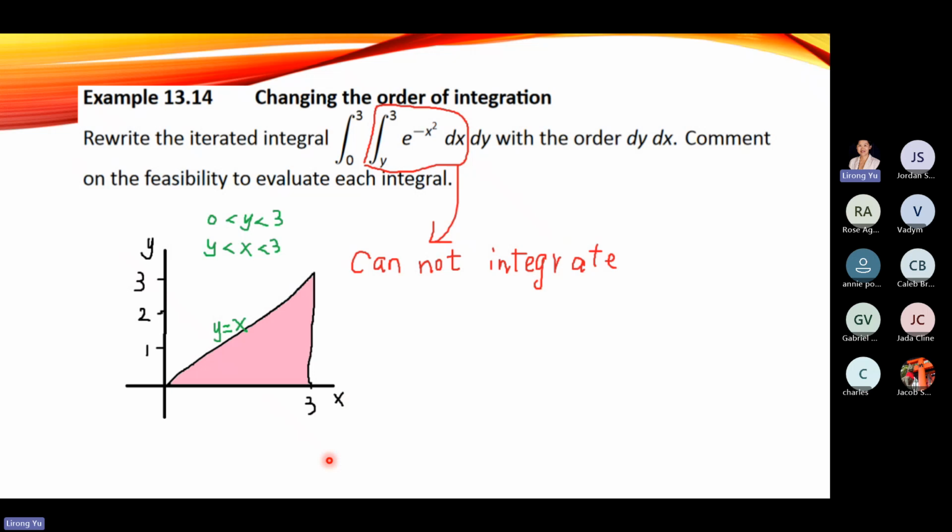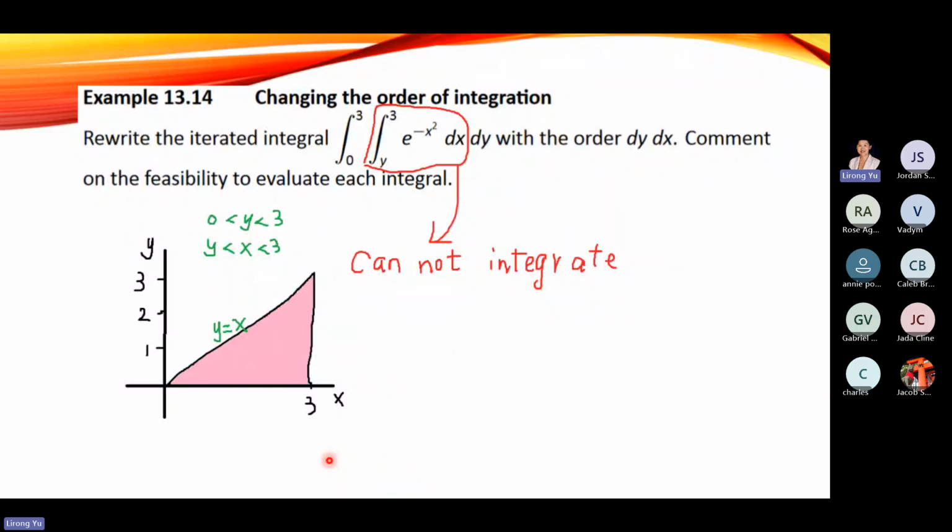According to the integral itself, the outer layer is dy, so y is naturally between 0 and 3. The inner layer is dx, which has a lower and an upper boundary: x is between y and 3. So the integration notation itself already indicates the region. y is between 0 and 3, and then x is between y and 3.